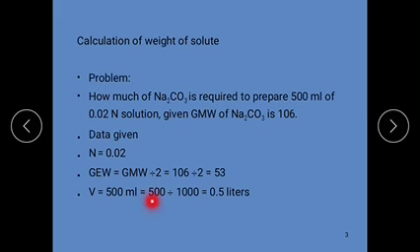Converting to liters, we divide by 1000, which equals 0.5 liters. Then we can simply use the principle W equals N into GEW into V, or W by GEW into 1 by V in liters.